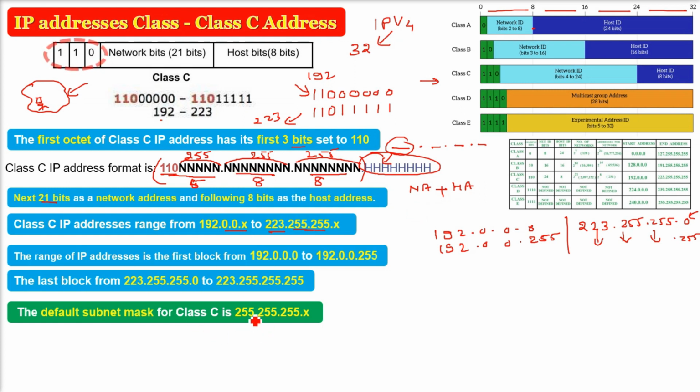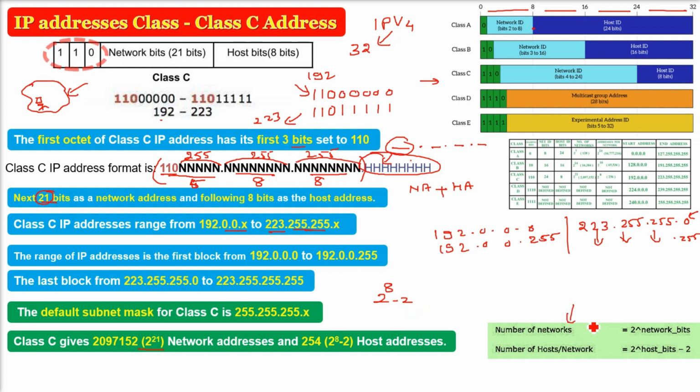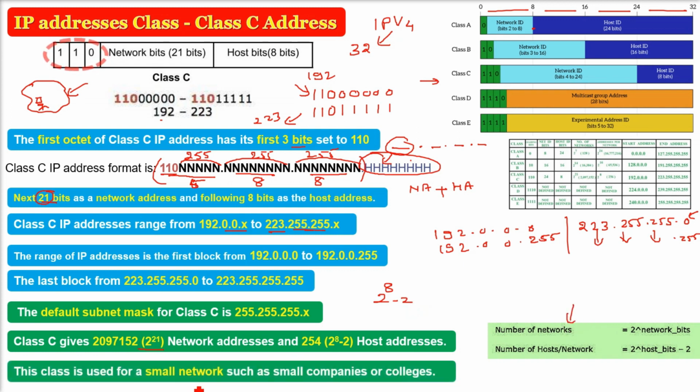How many addresses are possible? Since we have 21 bits for the network address, 2 to the power 21, and for the host there are only 8 bits, so 2 to the power 8, but the first and last you cannot assign. The first is for the network, and the last one is for the broadcast IP. So the maximum hosts in a network can only be 254. The size is limited.